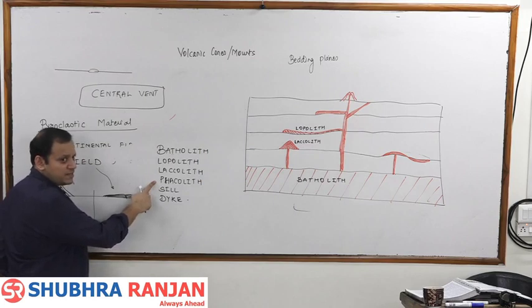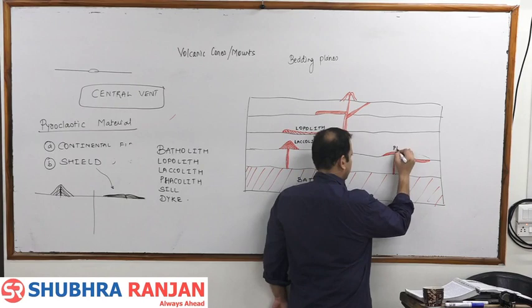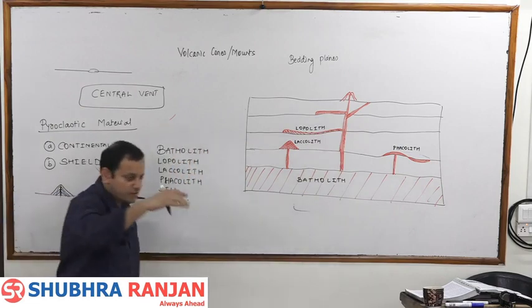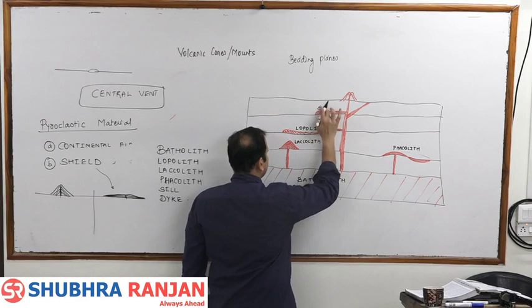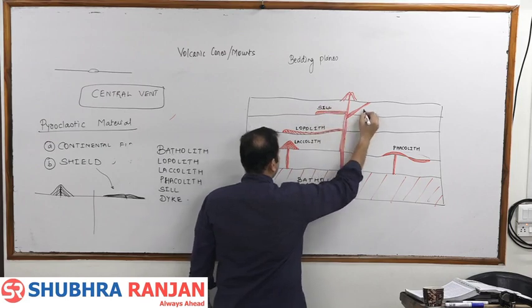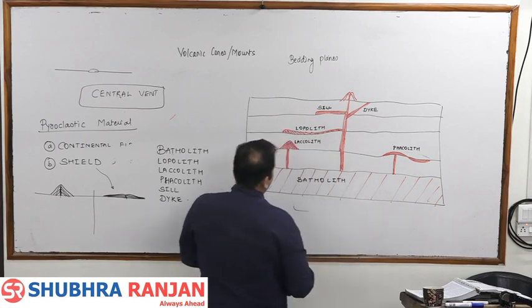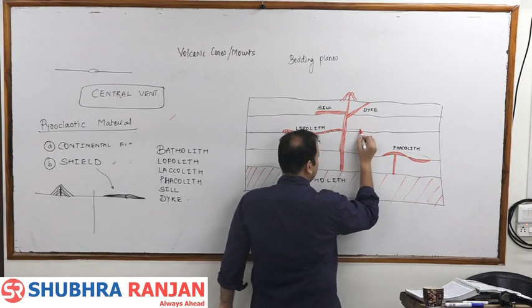Phacolith, like a lens. Sill, horizontal. Dike, vertical. It can also be like this.